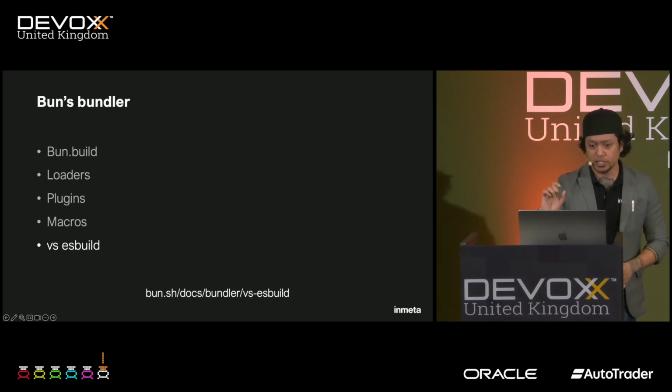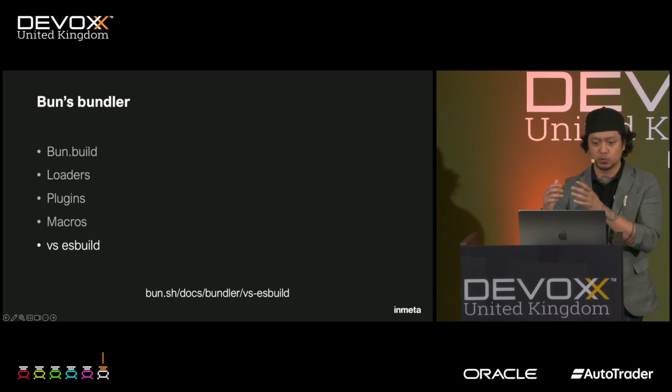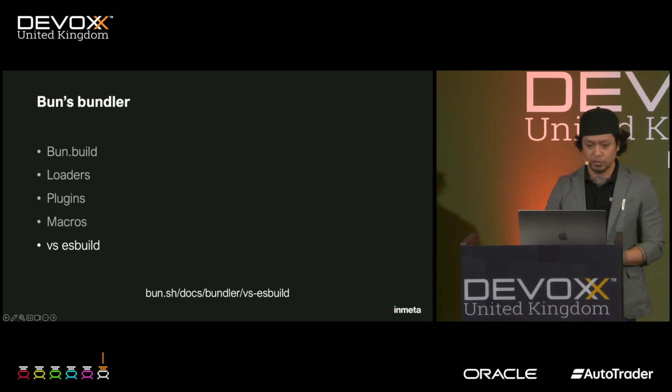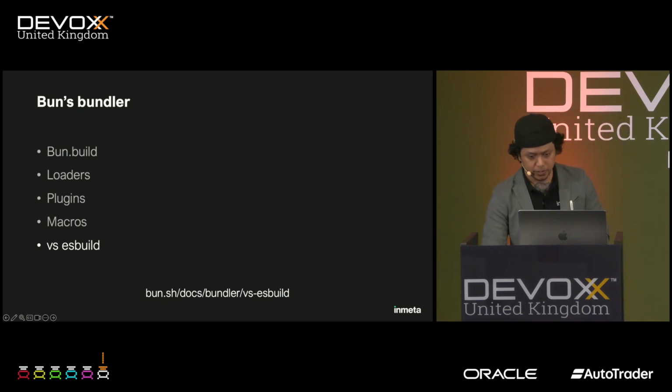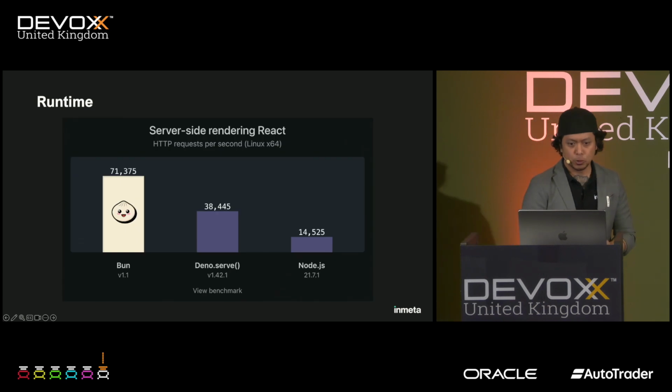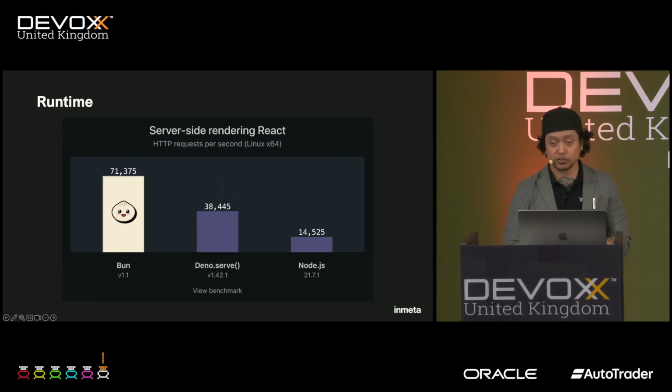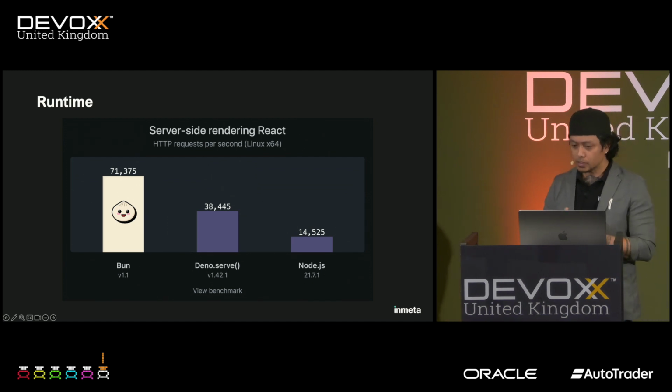And if you want to see the complete APIs between esbuild and Bun, you can just go to the docs. So now the last part, the runtime part. Bun uses the JavaScriptCore engine developed by Apple for Safari, which outperforms the V8 engine used by Node.js and Chromium-based browsers in most cases.